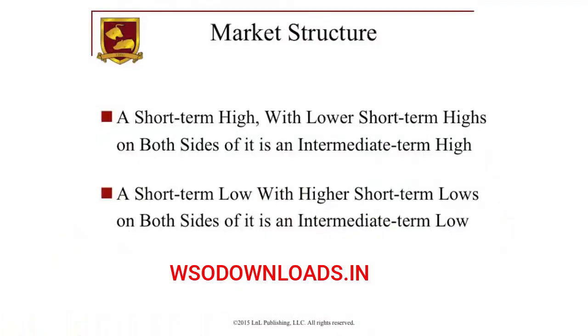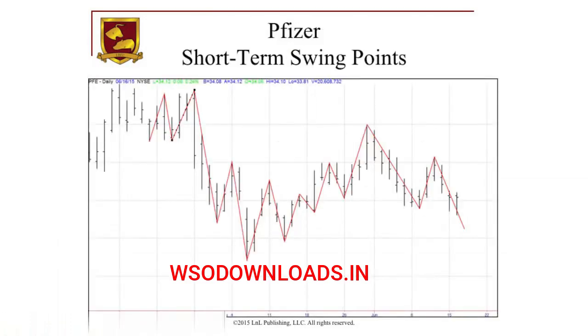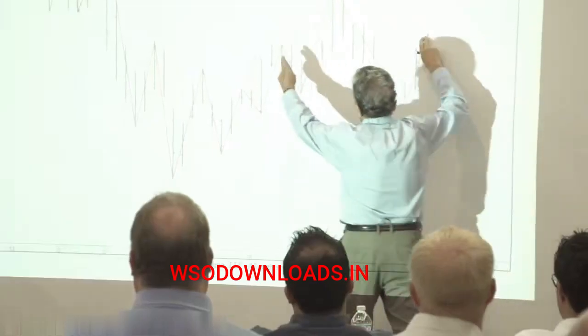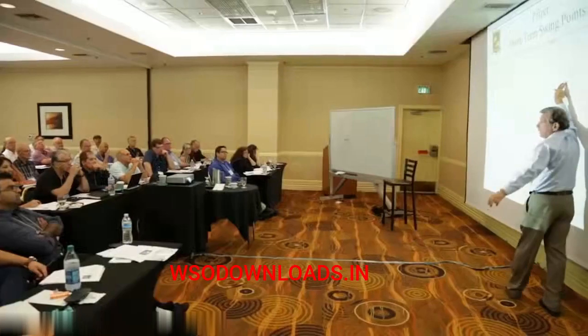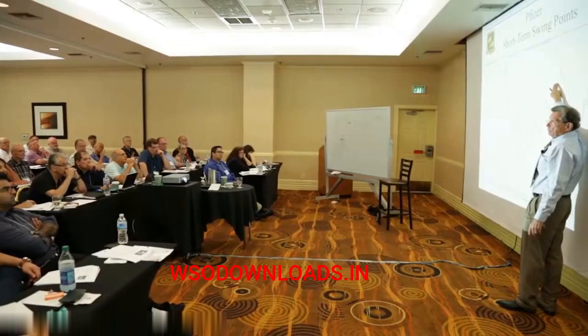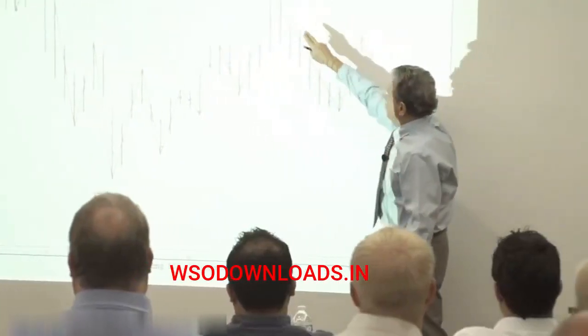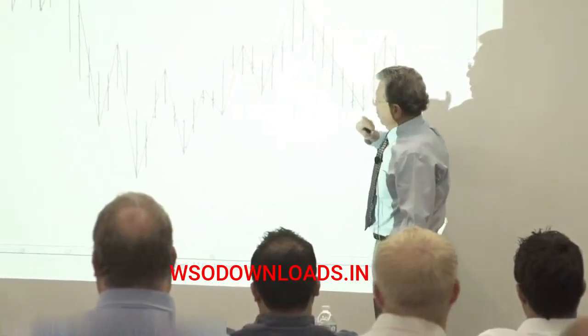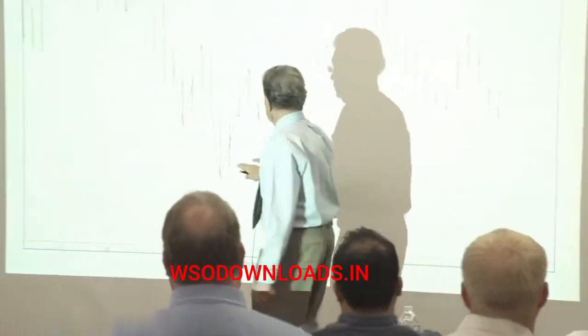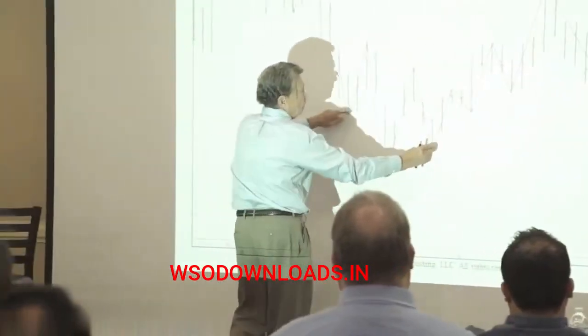That was a short-term high, but what if I have a short-term high with lower short-term highs on both sides of it? That's an intermediate-term high. And now if I look at that as an intermediate-term high, an intermediate-term low would be a low with higher lows on both sides of it.